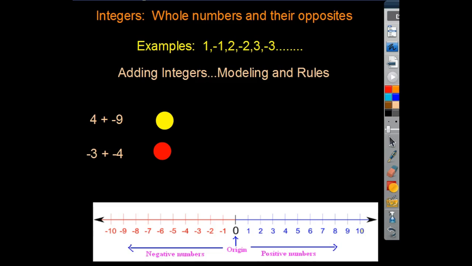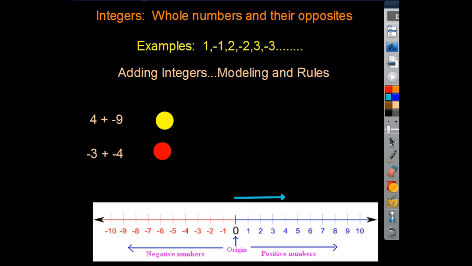Let's look at the modeling on the number line. On the number line, I'm going to start here. I've got 4 plus -9. So my first arrow is going to go from 0 to my first number, which in this case is 4.